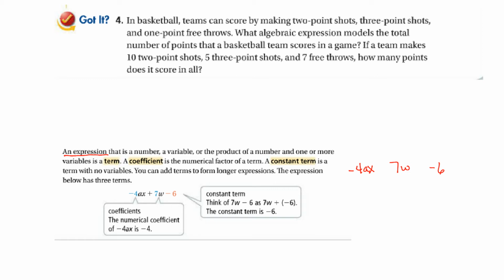If there's a minus sign in front, that term is negative. Looking at the terms, I can then say that negative 4 is the coefficient of that term, and 7 is the coefficient of that term. And then negative 6 would be our constant term.